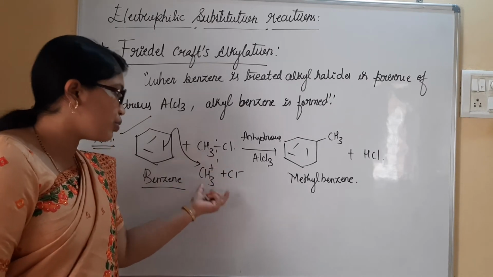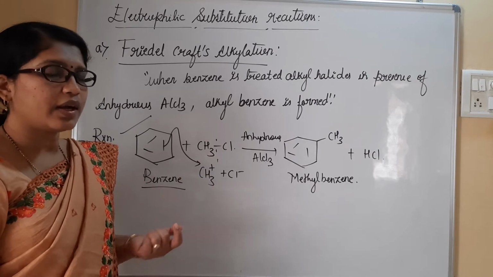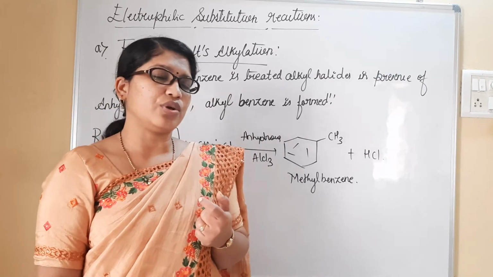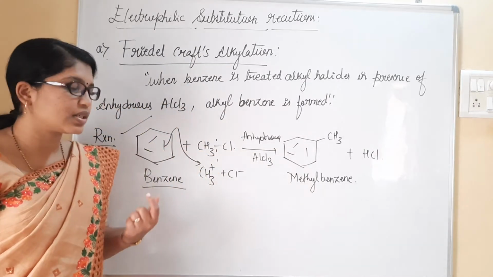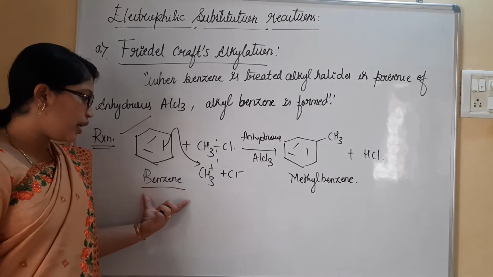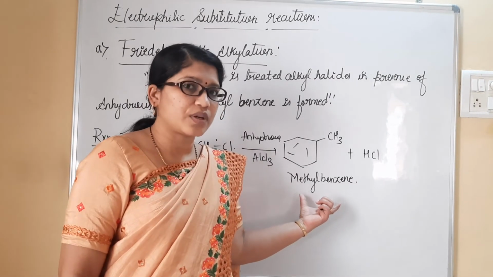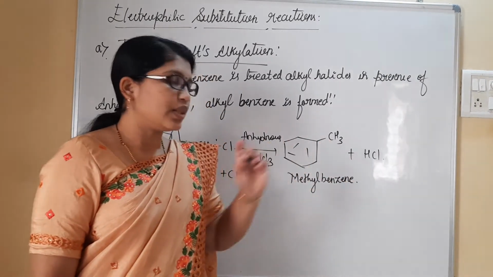Here we have made use of alkyl chloride. In Friedel-Crafts acylation reaction, we will be making use of acyl halides. Acyl halides on treatment with benzene will give us the respective product along with a side product.